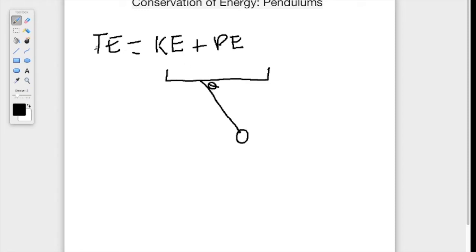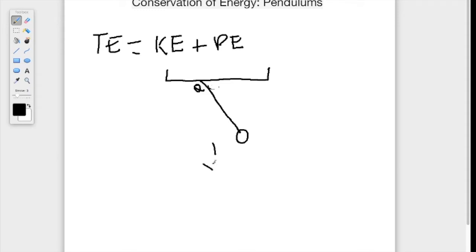If we're trying to find the kinetic energy and potential energy at that point, let's say this is where the equilibrium position is.